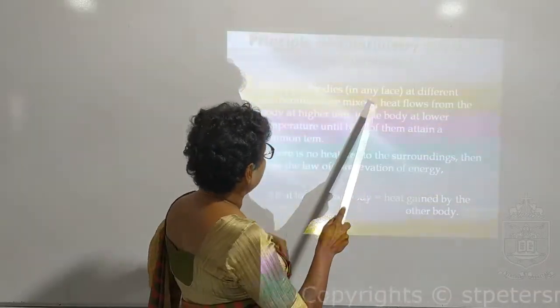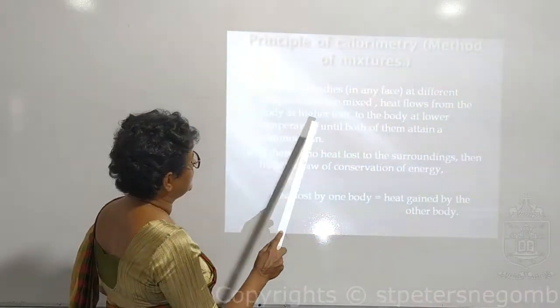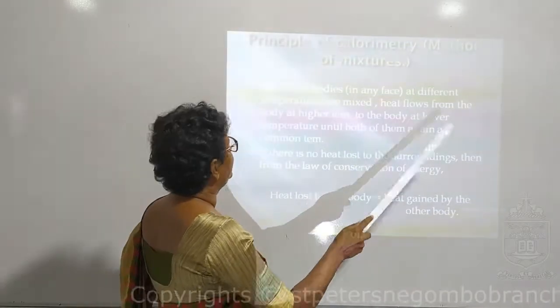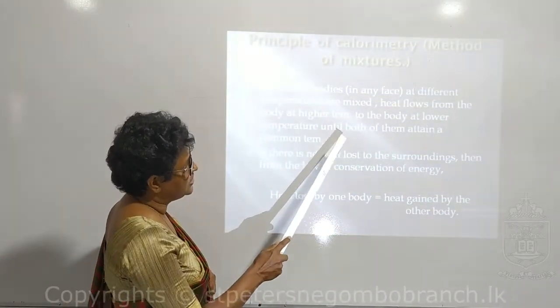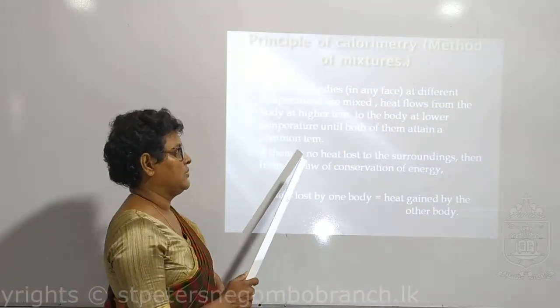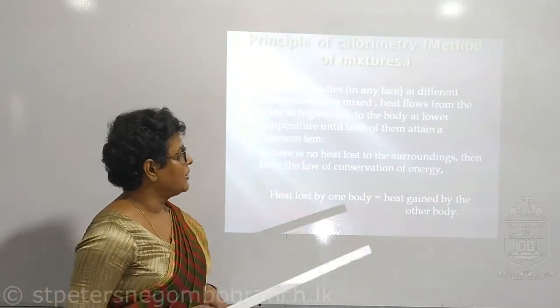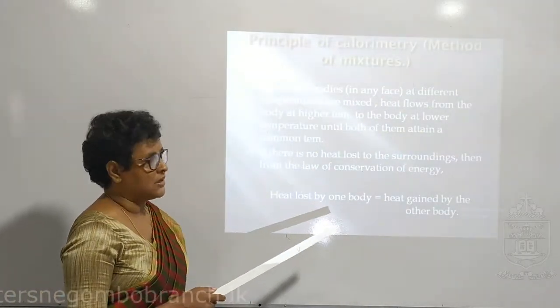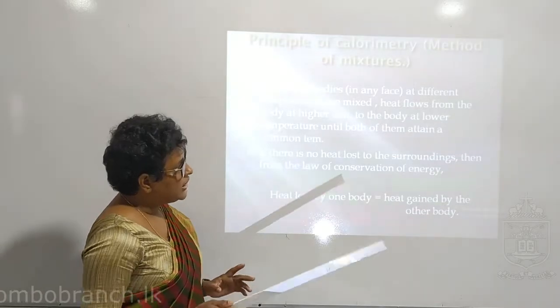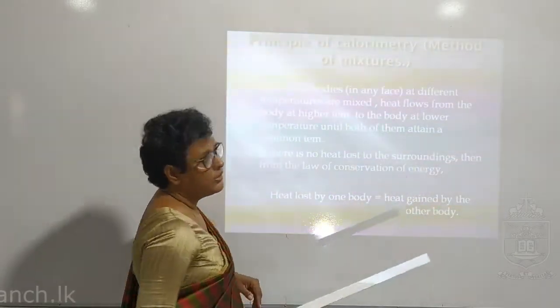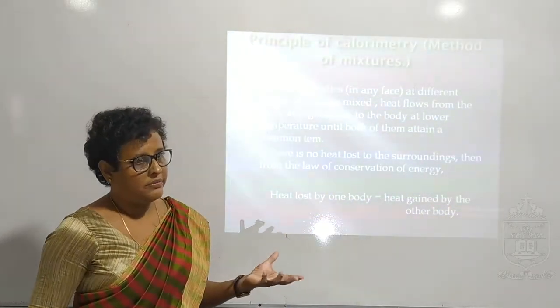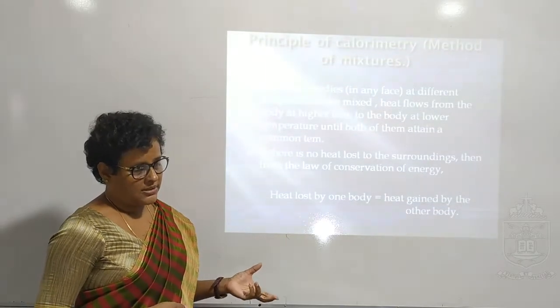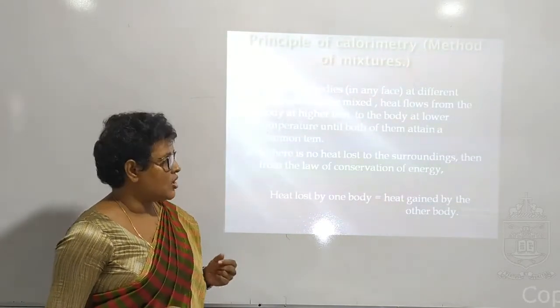When two bodies in any phase at different temperatures are mixed, heat flows from the body at higher temperature to the body at lower temperature until both attain a common temperature. Using a calorimeter, we imagine that there is no heat loss, but actually there is a small heat loss.